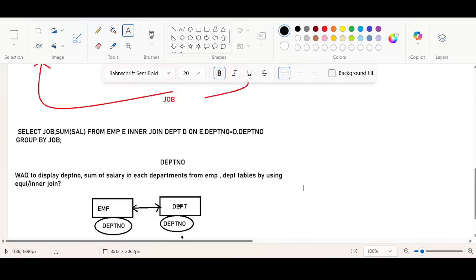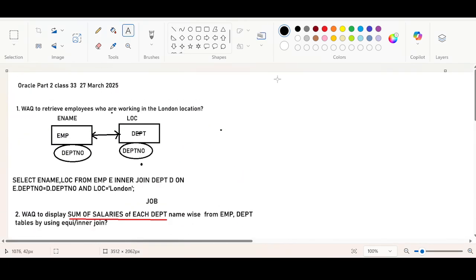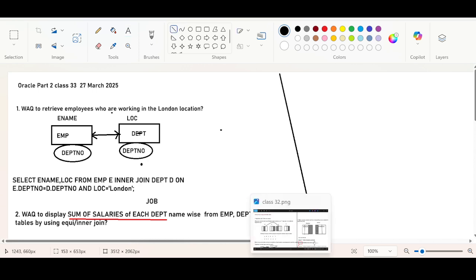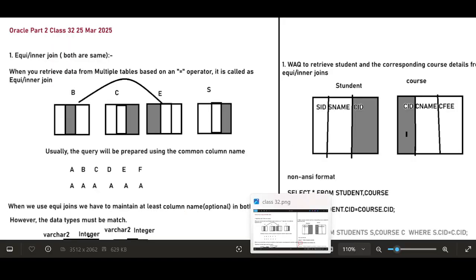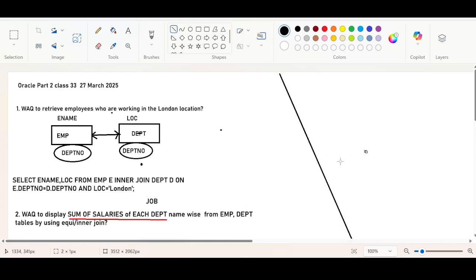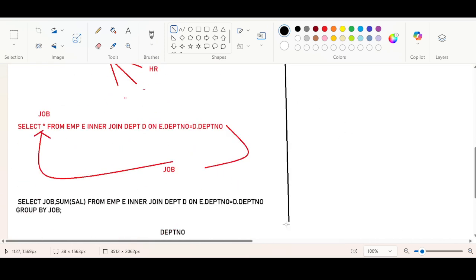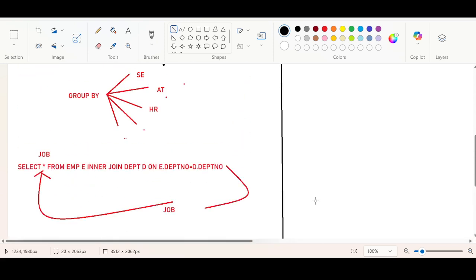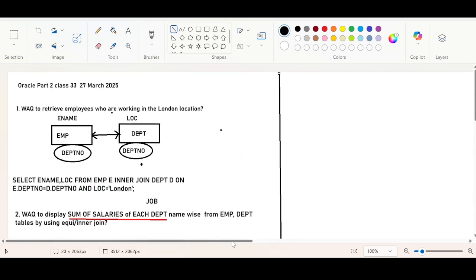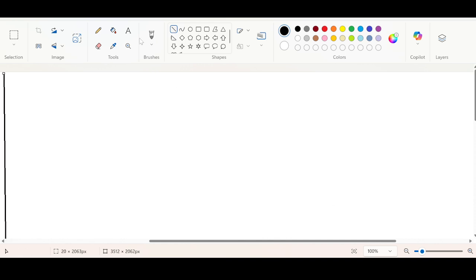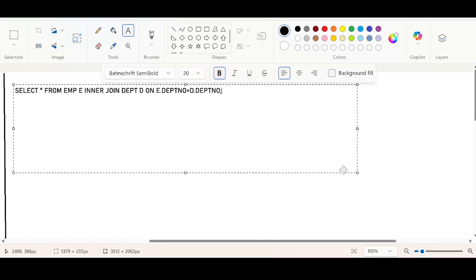After joining the two tables, what am I expecting here?